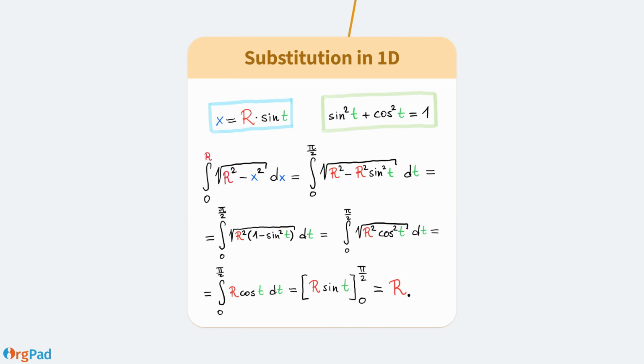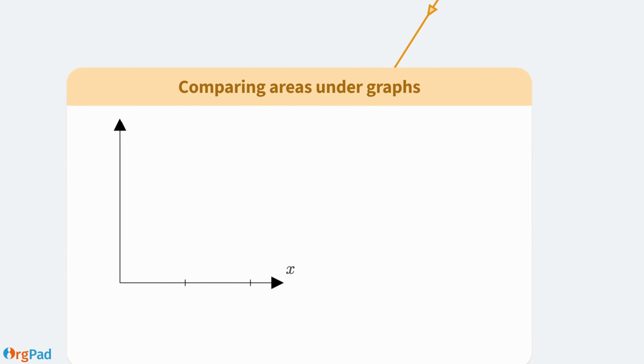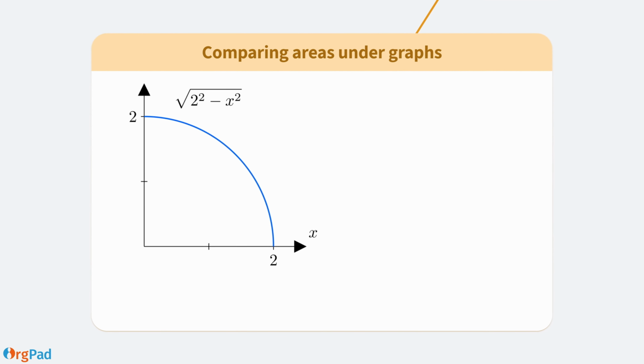It turns out that we cannot freely replace x with r times sine of t without changing the value of the integral. To better understand the problem, we draw graphs of these functions for r equal to 1. On the left, we have the original function, the square root of r squared minus x squared.